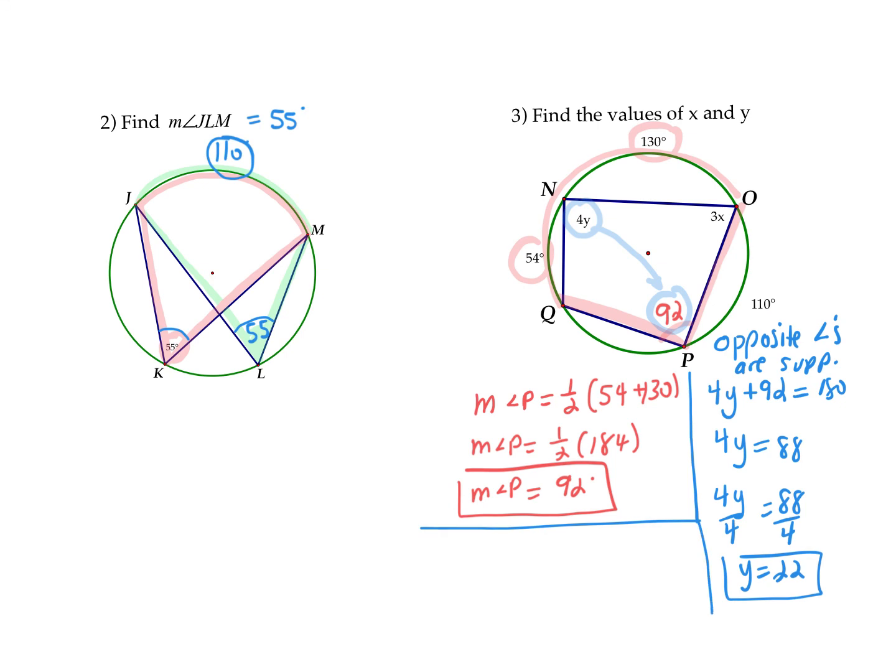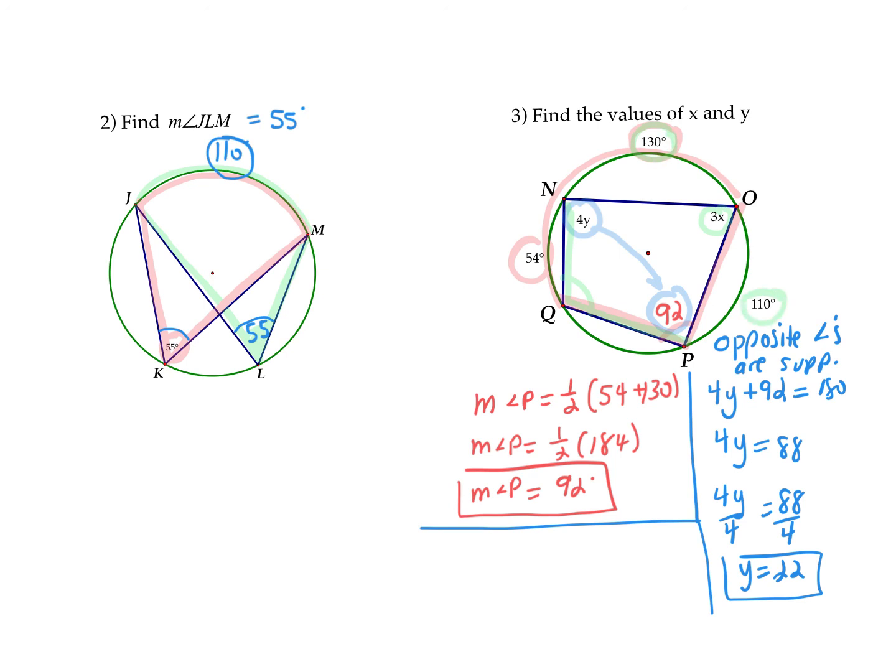Okay, we have to also solve for x. So if you notice, x is right here in that 3x, and its opposite, this angle, which is unknown. So we're going to use the same logic that we did before. We're going to extend the sides and take a look at the arc that angle cuts off. It's 130 degrees plus 110.